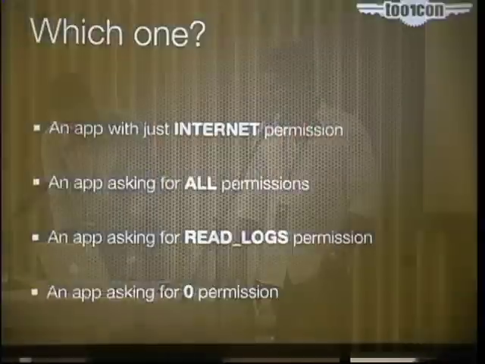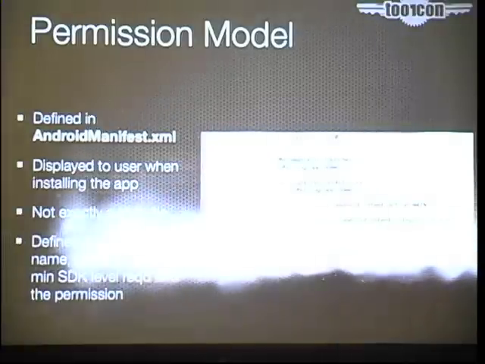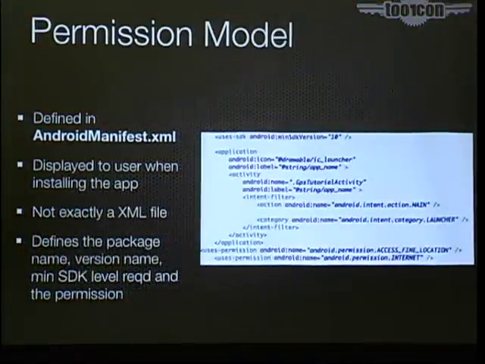Before showing you the POC, we'd like to discuss the permission model. If you're an application developer for Android and you'd like to use certain functionality, say the internet or the camera, you have to describe that permission in the AndroidManifest.xml file.